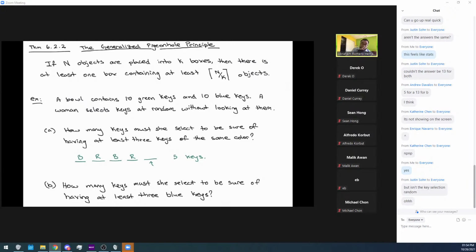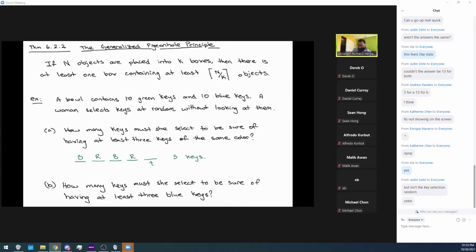But we want to be sure that we're going to get 3 of the same color. Just picking 3 of them doesn't guarantee that I'm going to get 3 of the same color. But 5 will guarantee me at least that, because even if they were all blues, you have all 5 blue keys.